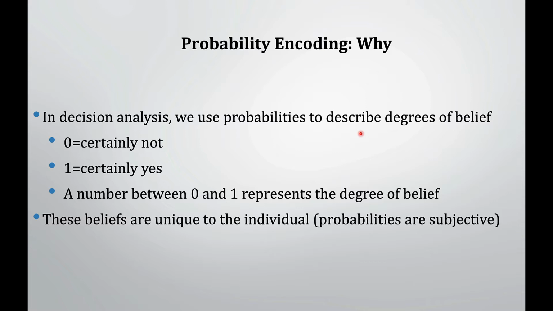In contrast, in your statistics class, probabilities are something objective, a property of some random device. So when we throw a die with 6 sides, if you're in a statistics class, the probability of getting a 1 simply represents an objective process from throwing the random device.